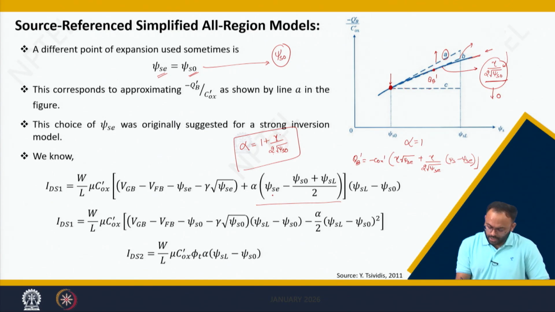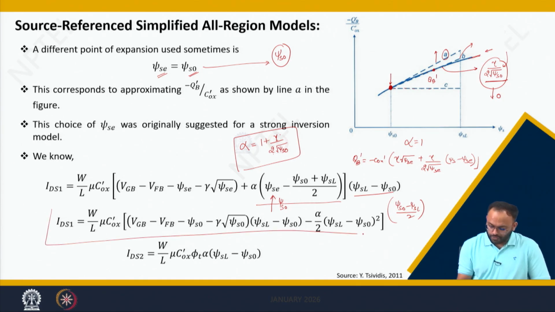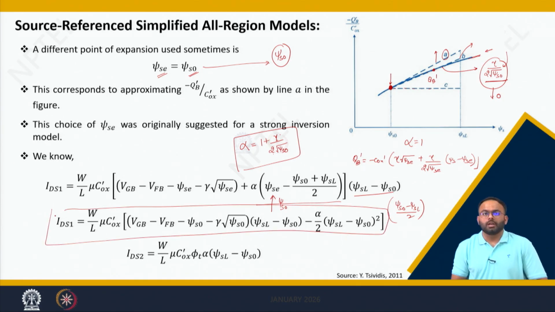Now here, to define a source reference simplified model, we are keeping this psi SE as psi S naught. So you can simply get 2 times psi S naught minus psi S naught. So ultimately here you will get psi S naught minus psi SL by 2, and again separating this term out, you will get the final expression of IDS1 looking like this.